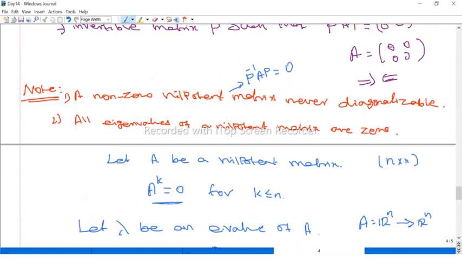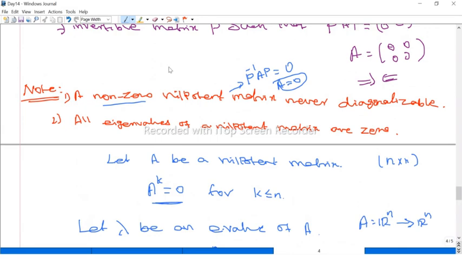Therefore we get the 0 matrix. Multiplying by P on the left and P inverse on the right, we get A equal to 0, which is a contradiction because we assumed A is a non-zero nilpotent matrix. So a non-zero nilpotent matrix is never diagonalizable.